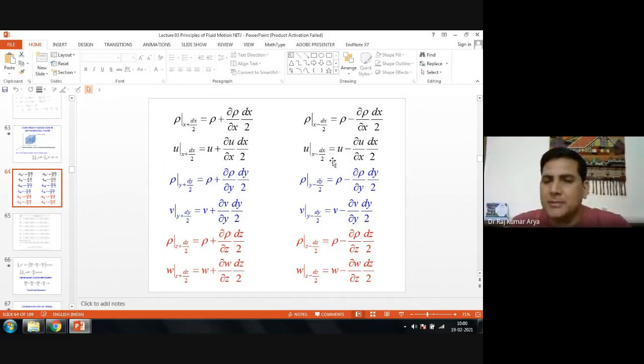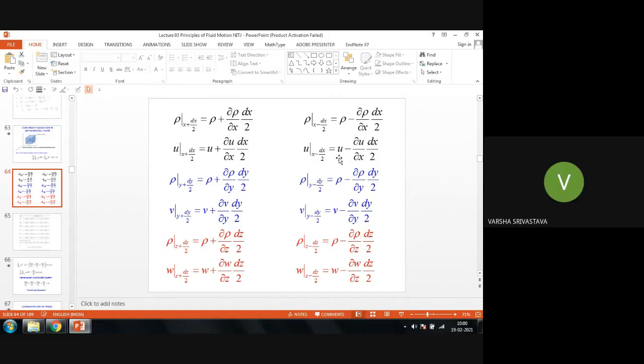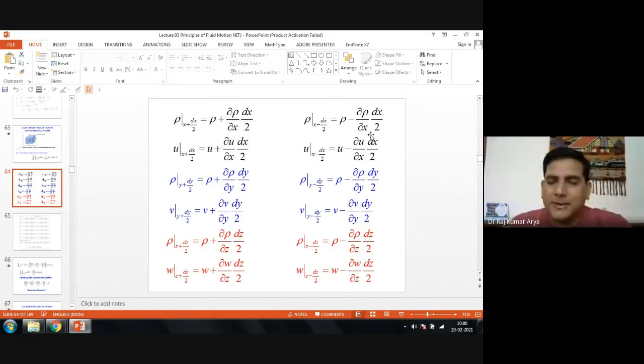Can you see this clearly? Yes, sir. Okay, because my display has some problem here. Then you get the plus dy by 2 and minus dy by 2 sides. This is how you can calculate your property from the Taylor series expansion.